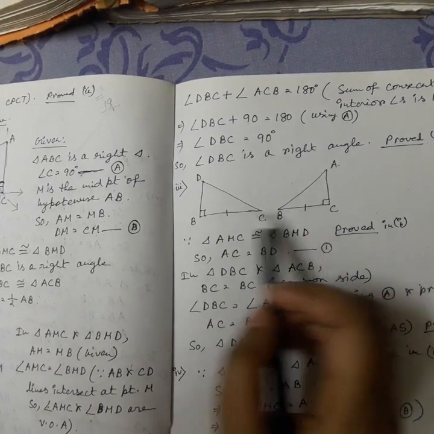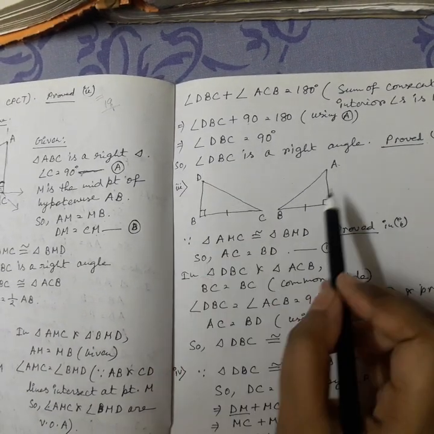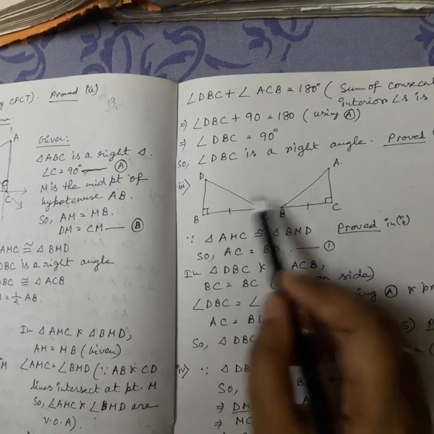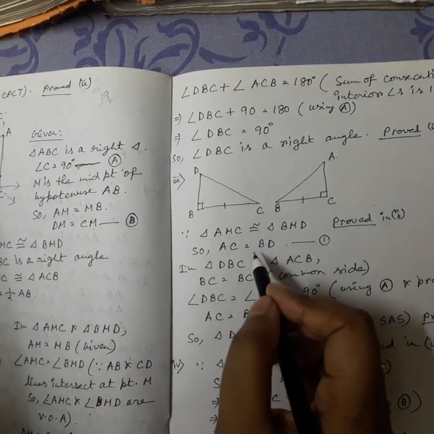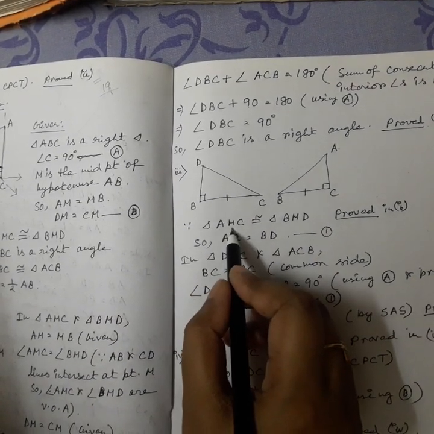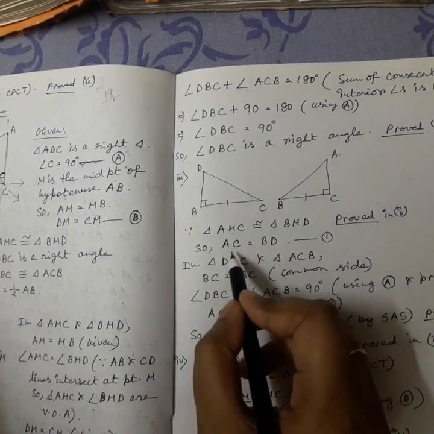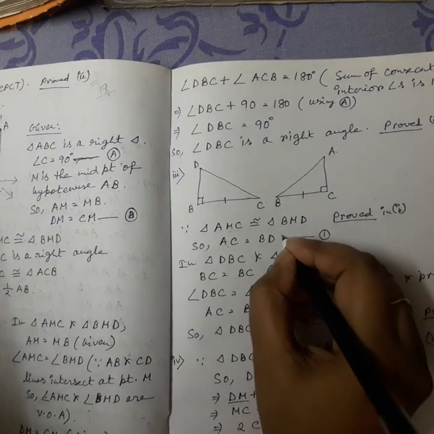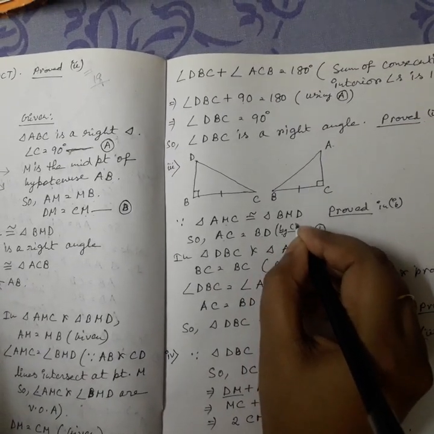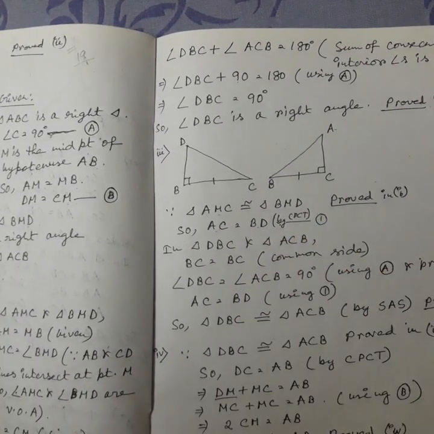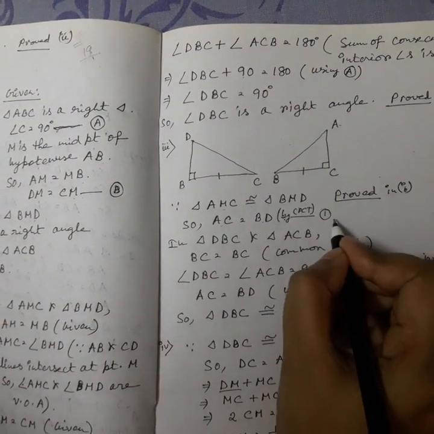Number 3: I have drawn triangle DBC and triangle ACB separately. These two triangles are congruent. How do we prove it? Since triangle AMC is congruent to triangle BMD, already proved in 1, we can say AC equals BD by CPCT. Make it 1.